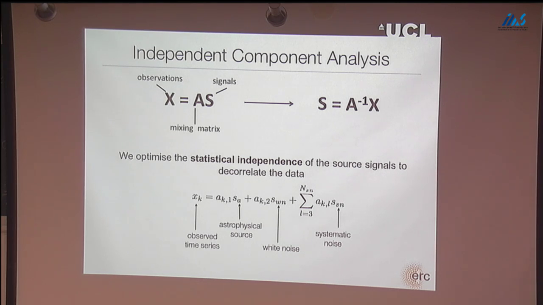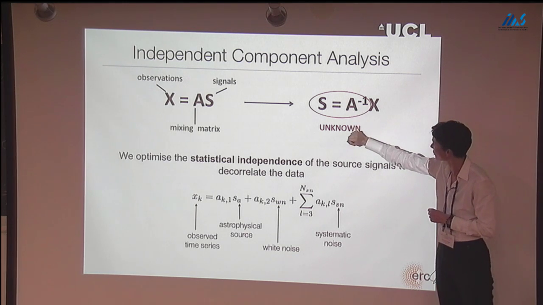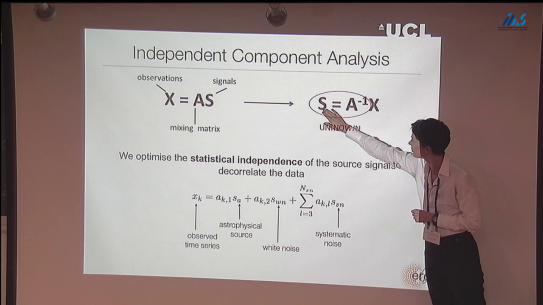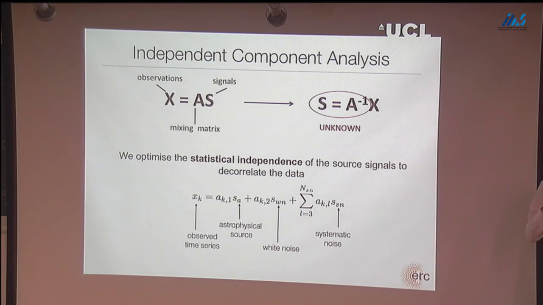So ideally you want to find a linear transformation that gives you S, a series of vectors where each vector represents each of the sources: the signal from the planet, the systematics from the instrument, the astrophysical noise. Of course, this is easier said than done, but optimizing the statistical independence of the sources seems to work pretty well for some of the instruments. What does it mean, optimizing this statistical independence?